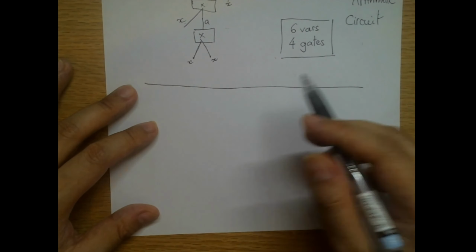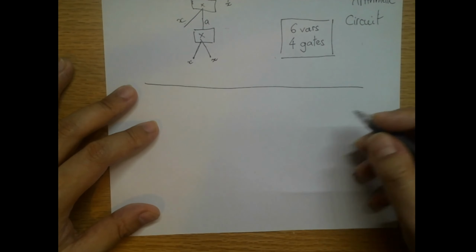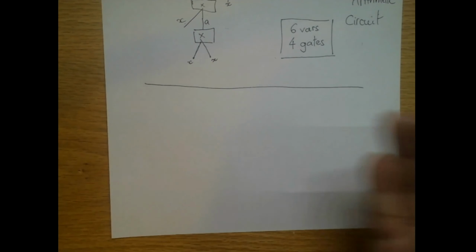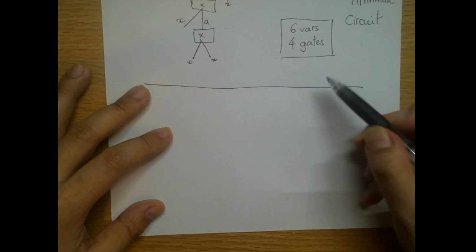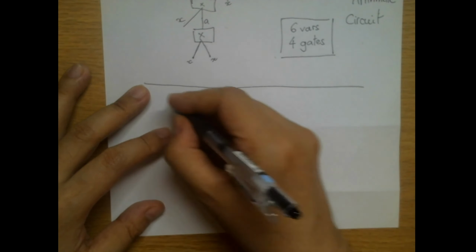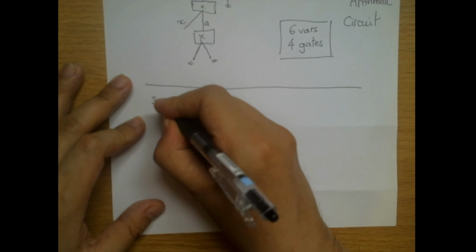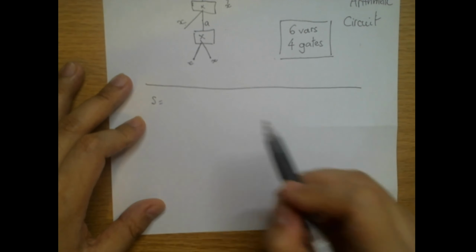In the terminology of this stuff, it's called a vector, but it's basically a list of n values. So here we have 6 variables, so we have a list of 6 values, and our solution S is going to be the assignment of these values.